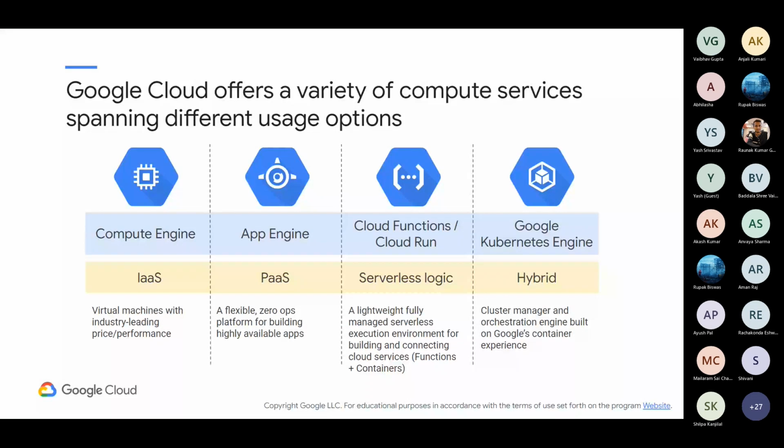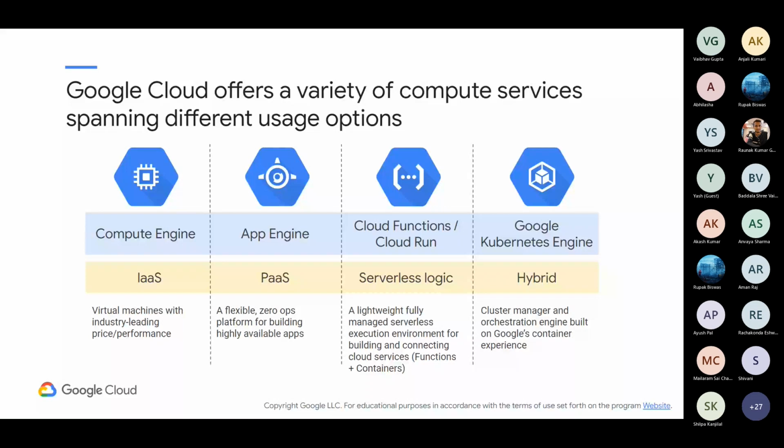the Compute Engine lets you create or run virtual machines on Google infrastructure. So if you have used any virtual machine like VMware or VirtualBox, you might know what virtualization is, and this is similar to that.